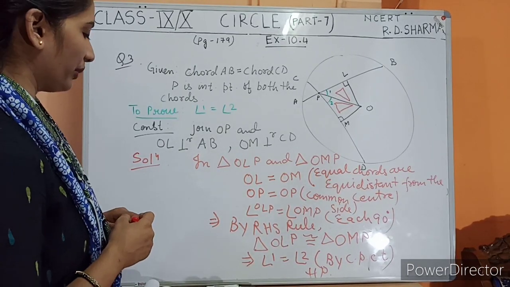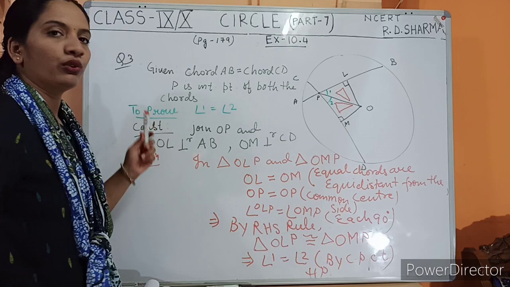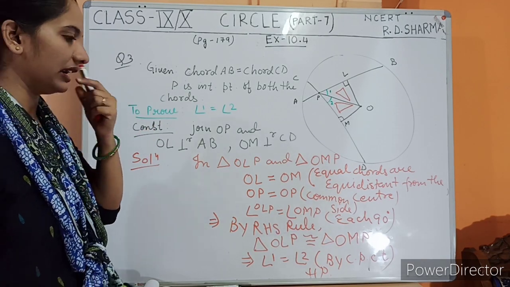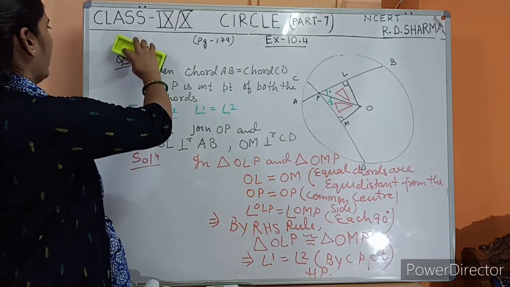Now let us see the question number 4. If you want to note, you may note down by pausing the video. I am rubbing out so that I can do the question number 4 here.